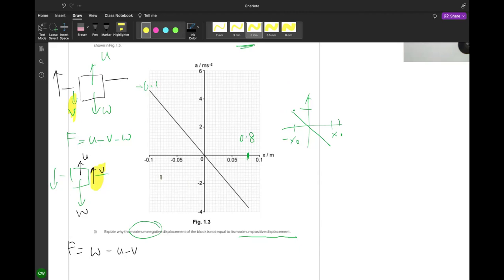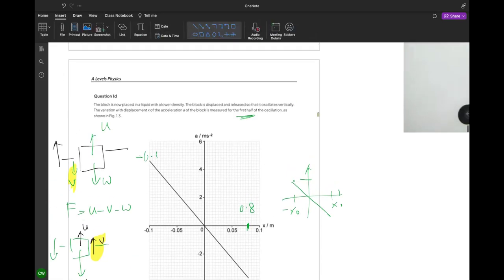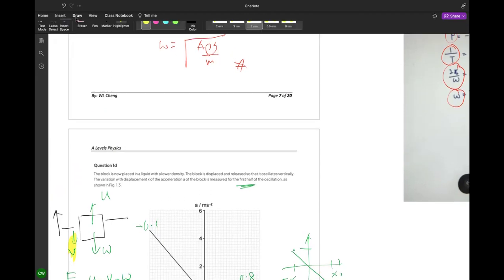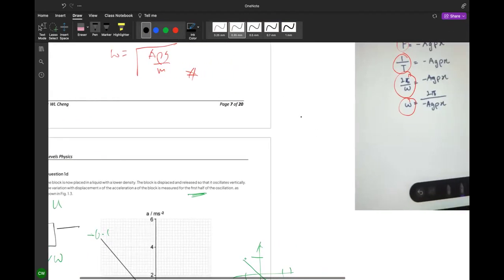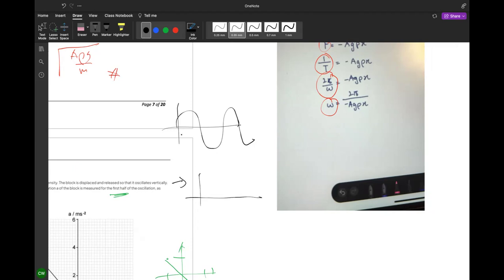Okay, so when you have these two things, then the graph will no longer be like this. You're comparing this with this now.